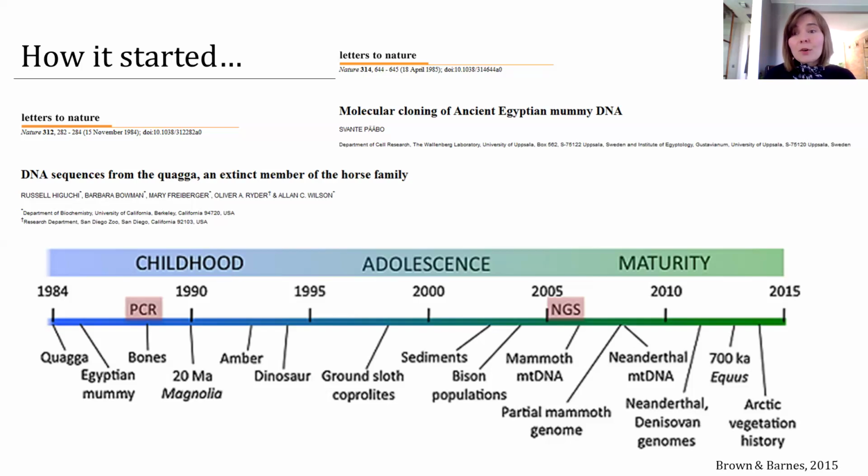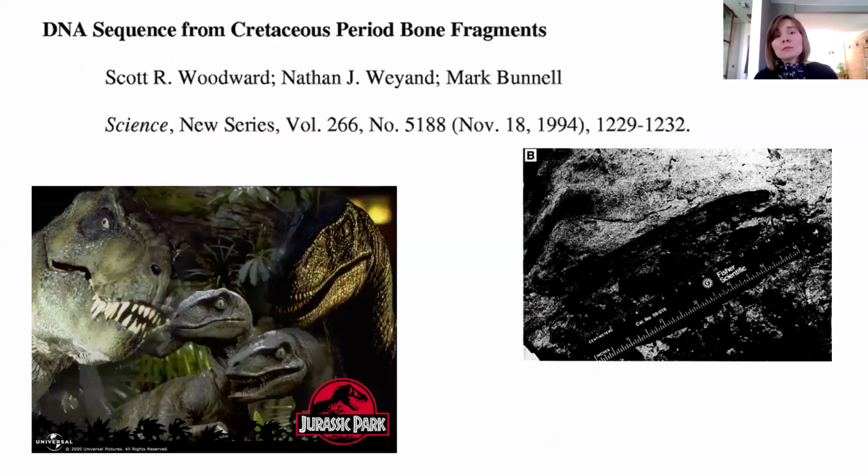We had a period of great enthusiasm when there were reports of getting DNA sequences from million-year-old materials, like dinosaur bones, amber, or others. This is, I think, the most famous failure, maybe not in science, but at least in ancient DNA research, when in 1994 the authors of a study reported obtaining a DNA sequence from a dinosaur bone that was 80 million years old.